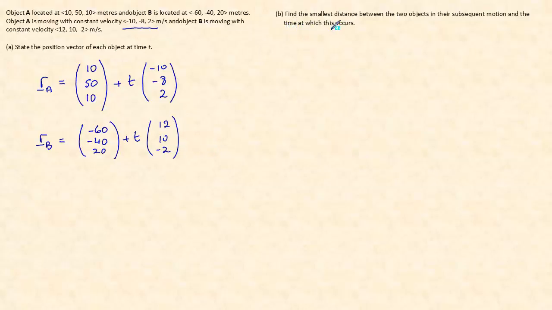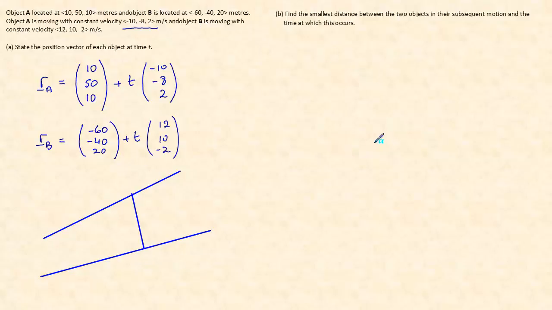We now want to find the smallest distance between the two objects in their subsequent motion and the time at which this occurs. So they're moving along paths like this, and at some point there must be the shortest distance between them of any point on their paths.